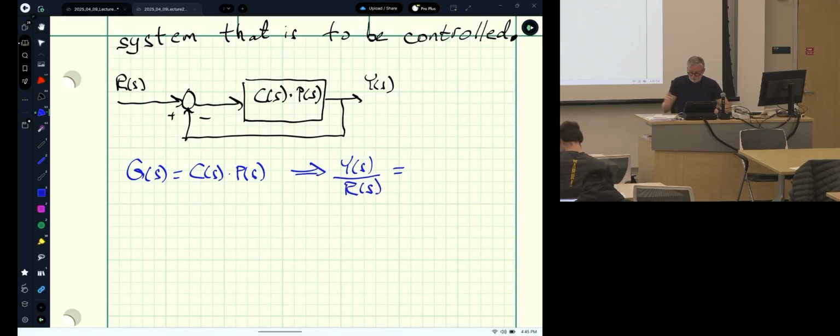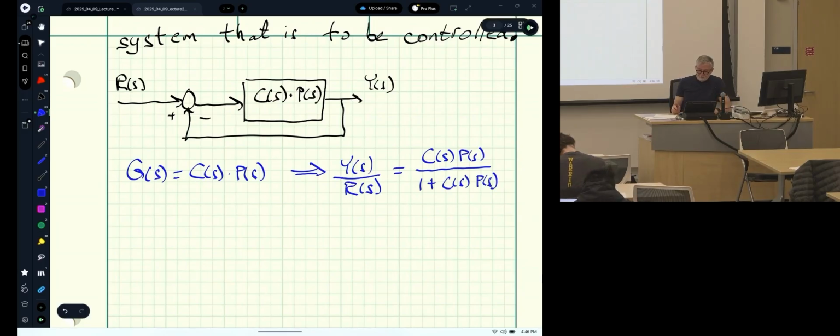Remember, it's G over 1 plus G. So it's C of S, P of S over 1 plus C of S, P of S. And the same techniques we had before for calculating the transfer function of the closed loop system apply here.